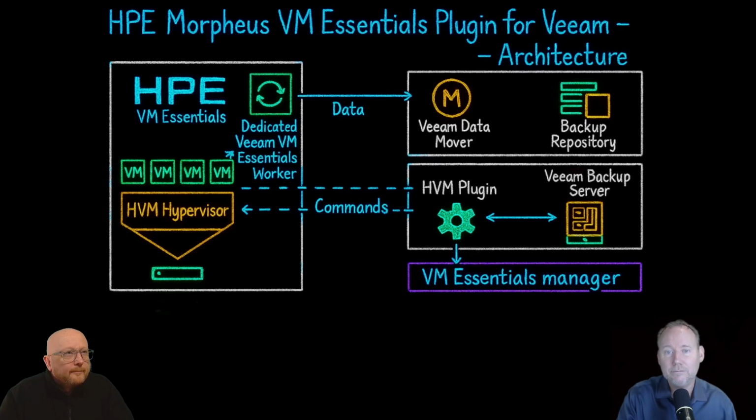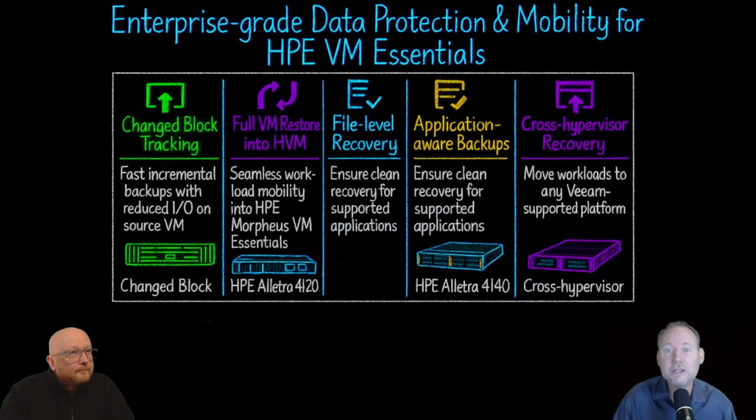If you want to back up a specific VM, for example, you're talking to the manager to find out what cluster node it is on, and then you go to the cluster node and communicate with that to back up the workload. Generally, I think that's a good high level overview of the architecture so far. Kevin, if you want to go on to the next slide, we can dig into those features a little bit more.